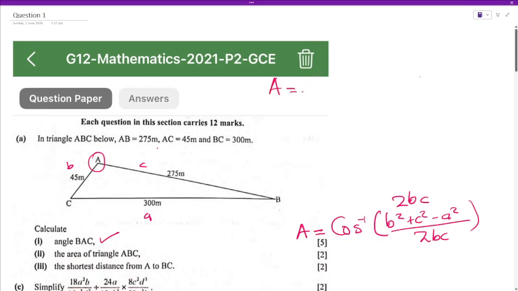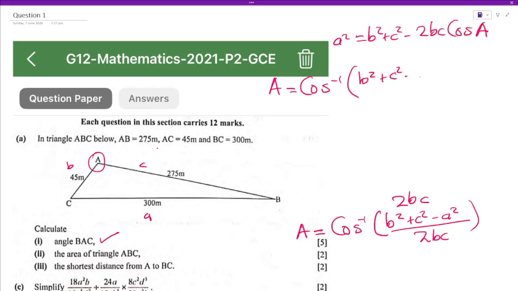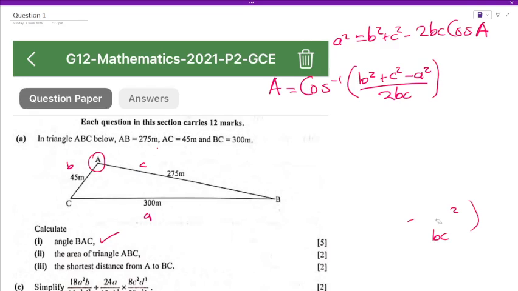In this case, because these angles are not given to you in the exam, they'll just give you the one I indicated for the side, which is A squared is equal to B squared plus C squared minus 2BC cos A. This is the only formula they'll give you under trigonometry for the cosine rule. So I have B squared plus C squared minus A squared, then everything over 2BC. At this point we simply have to plug in those values and then solve, and we'll be able to have our answer.